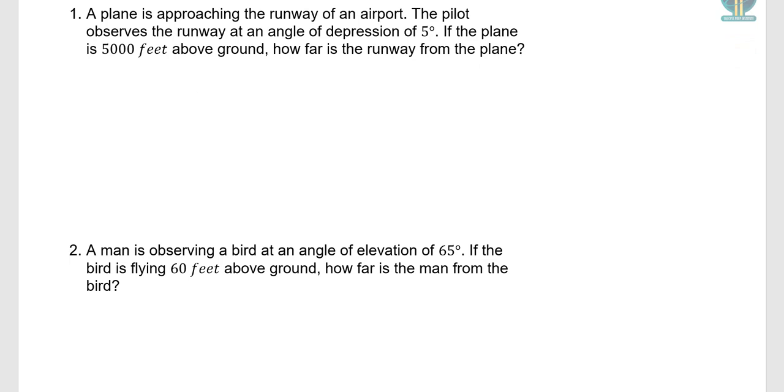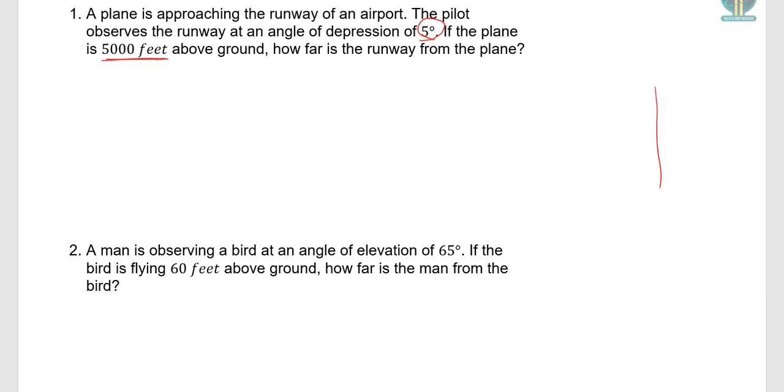All right, a plane is approaching the runway of an airport. The pilot observes the runway at an angle of depression of 5 degrees. If the plane is 5,000 feet above ground, how far is the runway from the plane?